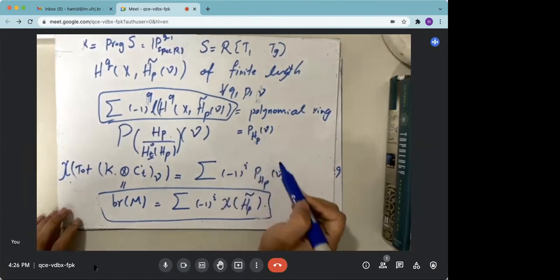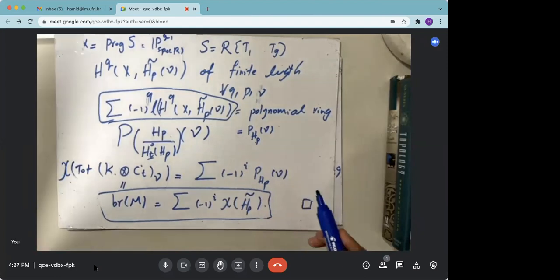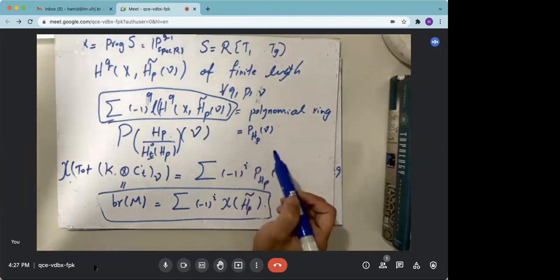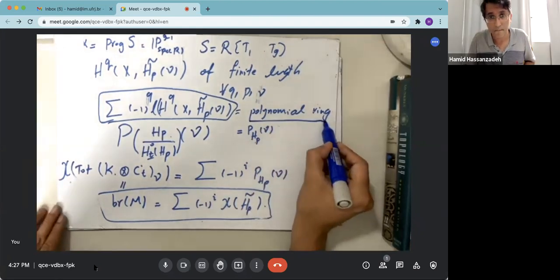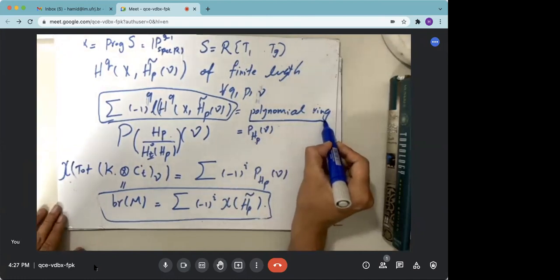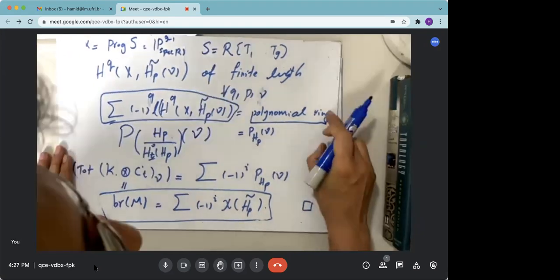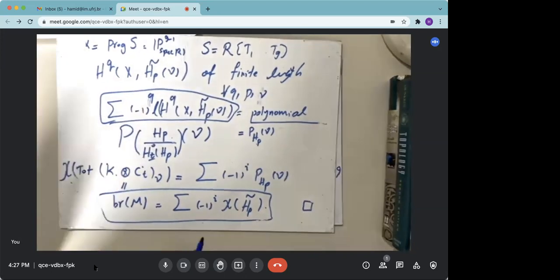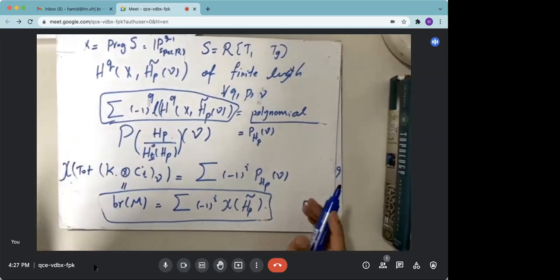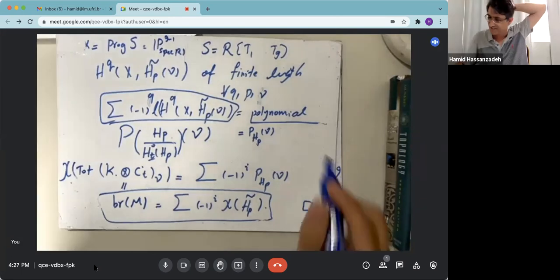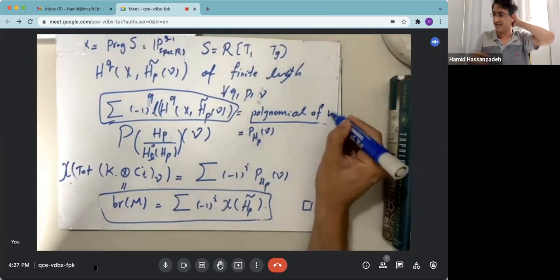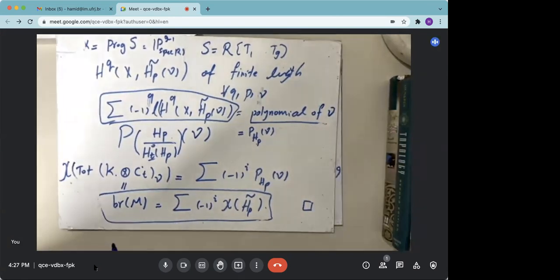Do you really mean that the sum is a polynomial ring? Okay, that's better. Okay, that makes sense now.